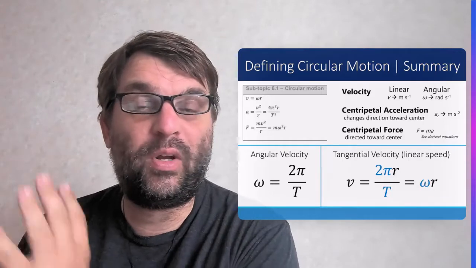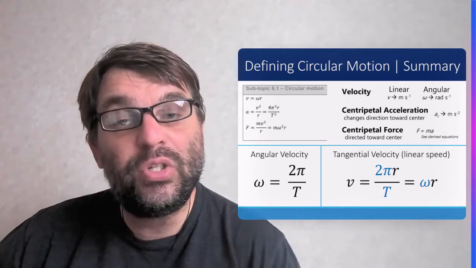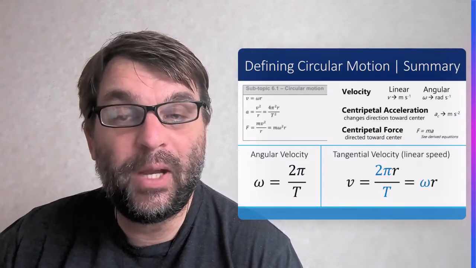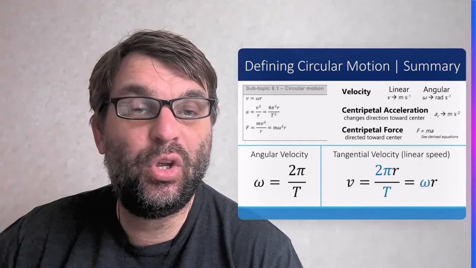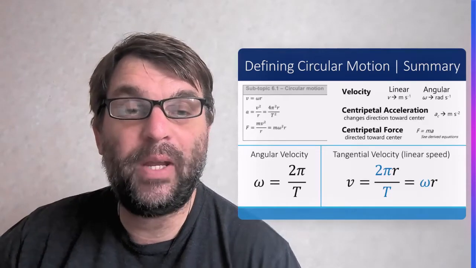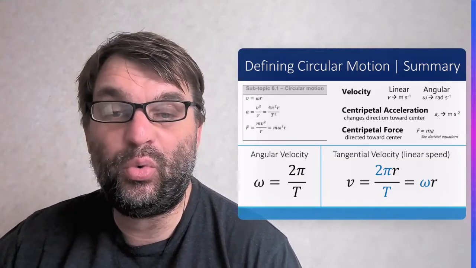The important points: we've got a new way of looking at velocity in circles, which is angular velocity, 2 pi over the time period. And linear speed, velocity equals 2 pi r over the time period, which also equals the angular velocity times the radius.